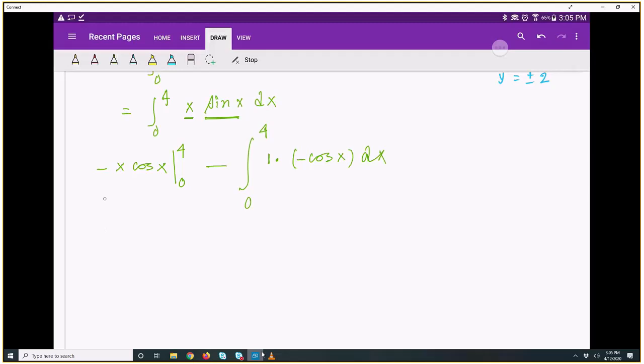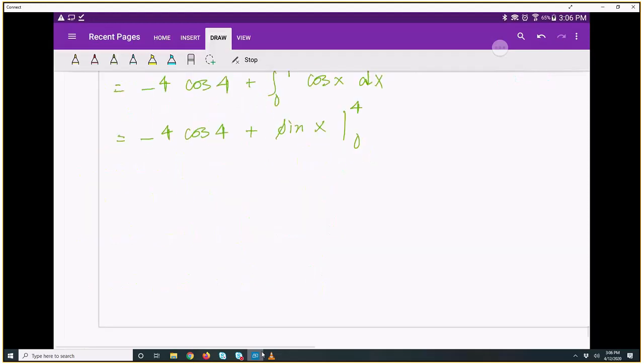So I get minus 4 cosine of 4. If I put 0 for x, I get 0, so I'm not writing it. Minus times minus is a plus, so the integral from 0 to 4 of cosine x dx. The integral of cosine x is positive sine x, so you get minus 4 cosine 4 plus sine x, with limits 0 to 4.